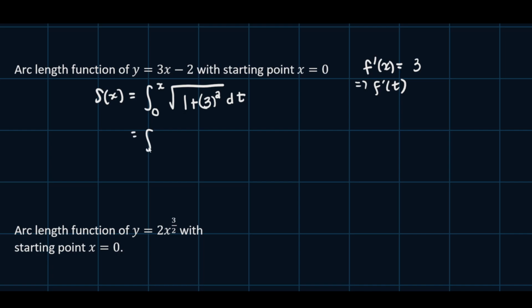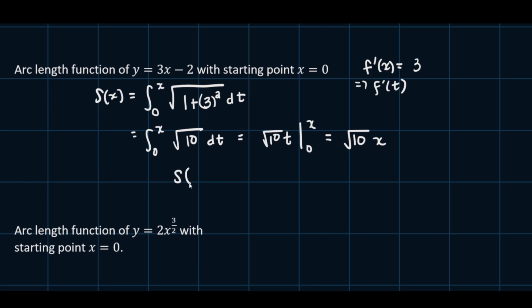So simplifying, the definite integral from 0 to x of square root of 10 dt. Now, applying FTC2, this will give us square root of 10 t evaluated from 0 to x, which gives us square root of 10 x minus square root of 10 times 0.